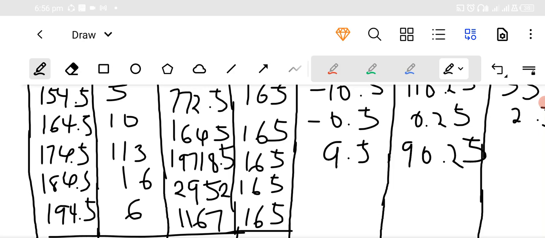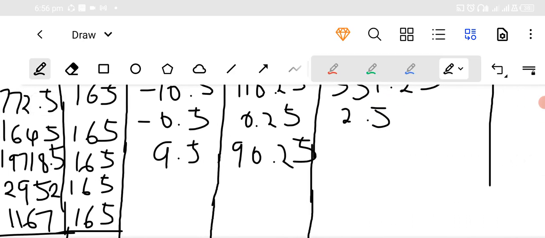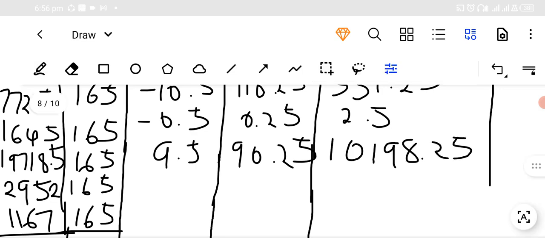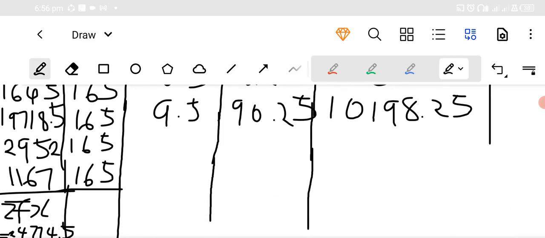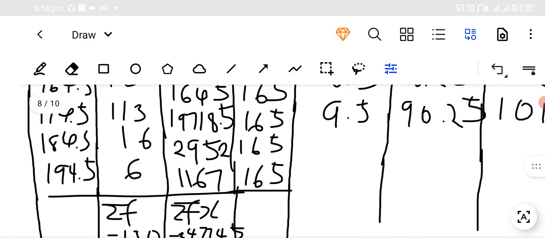It's going to give you a big number, 10,198.25.